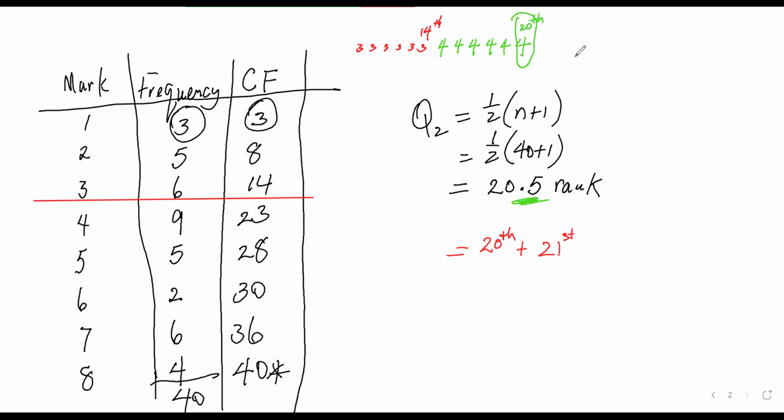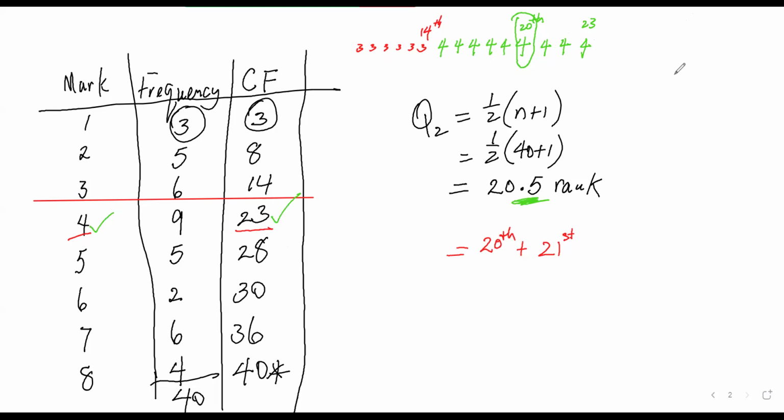It cannot be 5 because the 23rd number is 4. So the 21st number is a 4. The 22nd number is still a 4. And the 23rd number is where the 4s end.